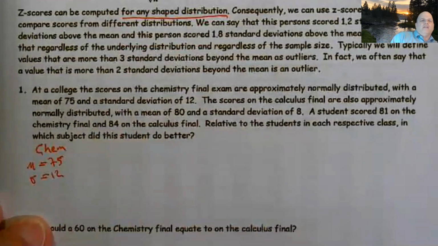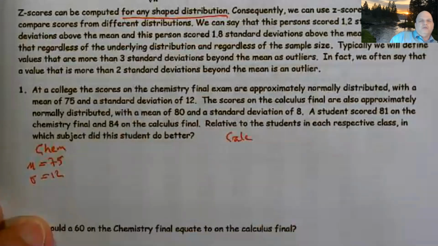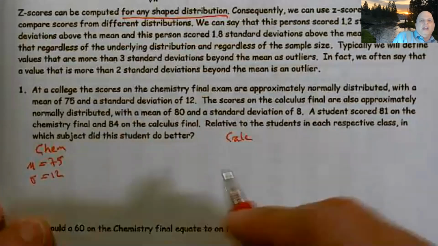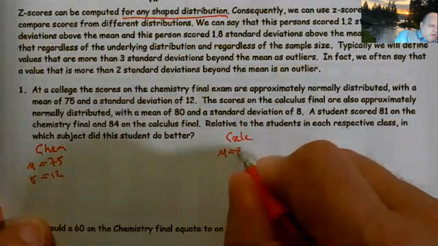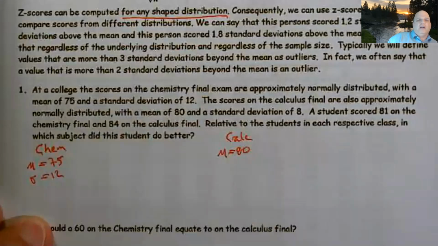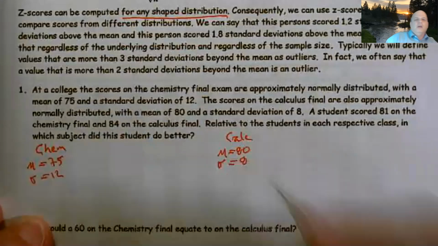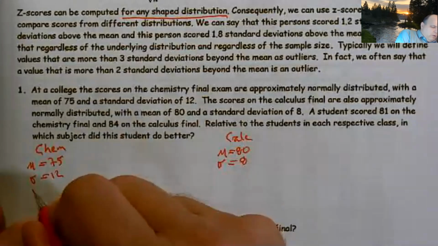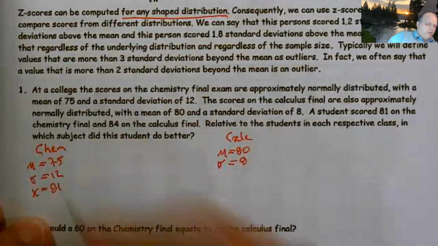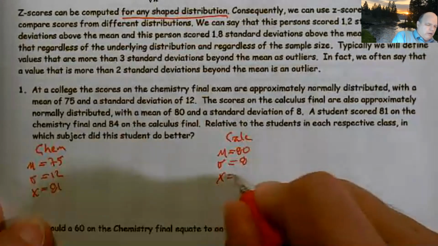The scores on a calculus final are also normally distributed, with a mean of 80. So the average is a little bit higher, and we have a smaller standard deviation in this case of 8. We have a particular student who scored an 81 on the chem final and an 84 on the calculus final.